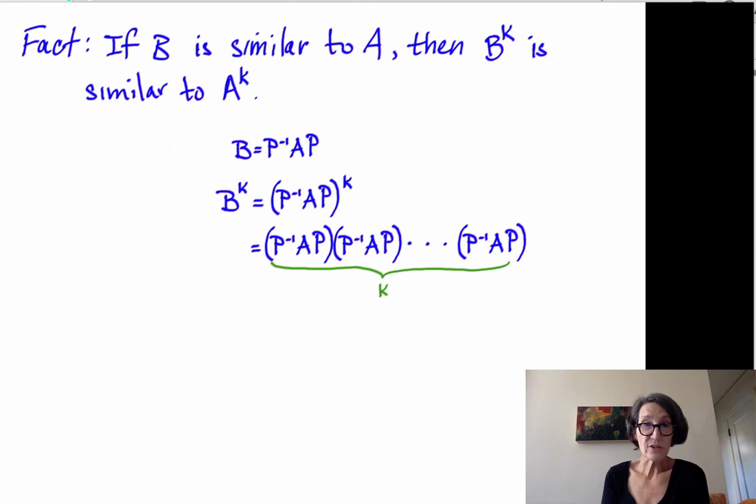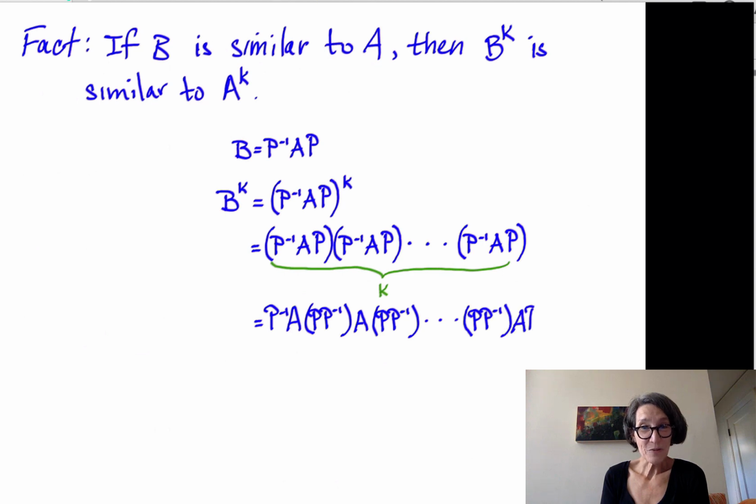Now, notice the associative property of matrix multiplication allows us to write this as P inverse A times P inverse times A times P inverse dot dot dot times P inverse times A times P. And all of these P inverses are just the identity matrix.